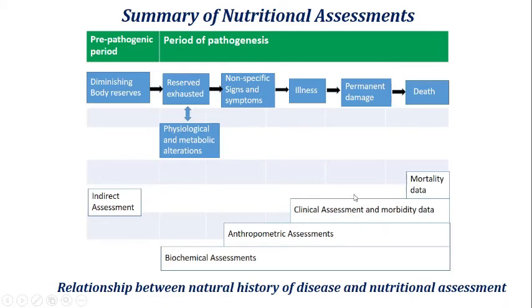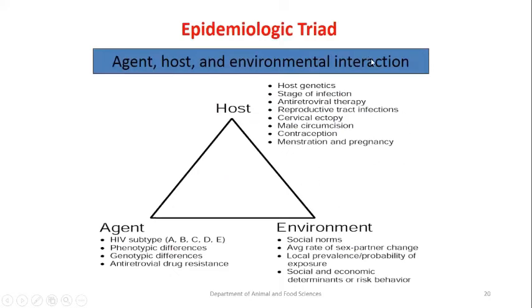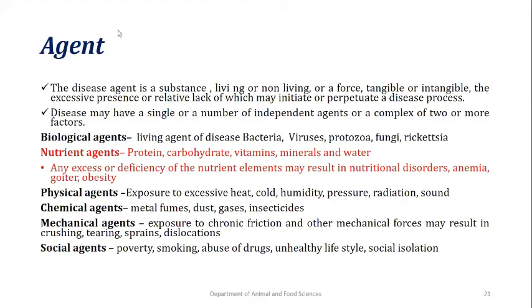Okay. Then, as I mentioned earlier, this is the epidemiological triad of diseases. It involves host, agent, and environment. Okay, without host, environment, and agent, there cannot be a disease. So as I explained earlier, this agent can be nutrient agents also.